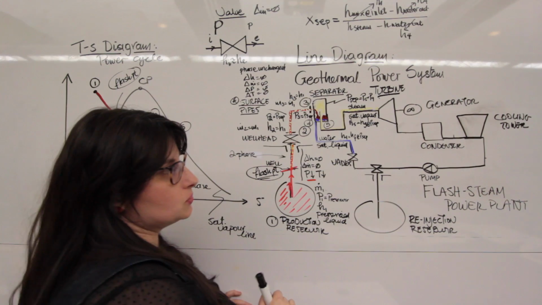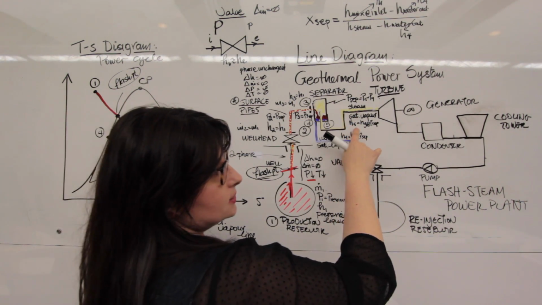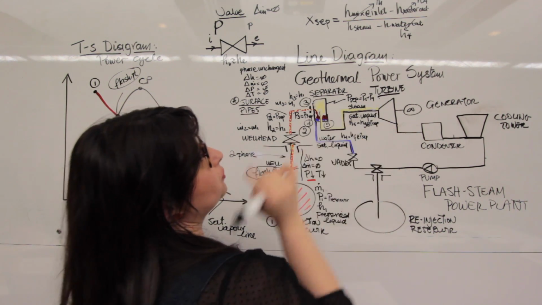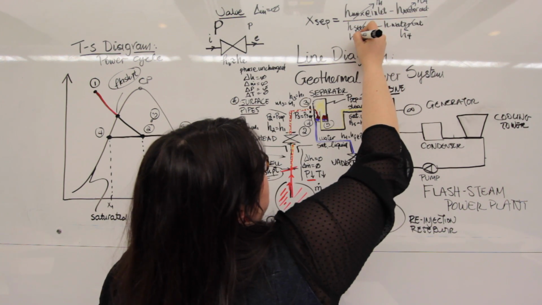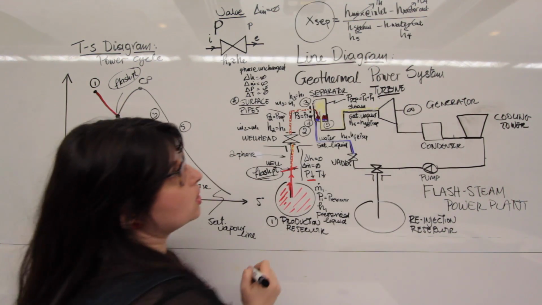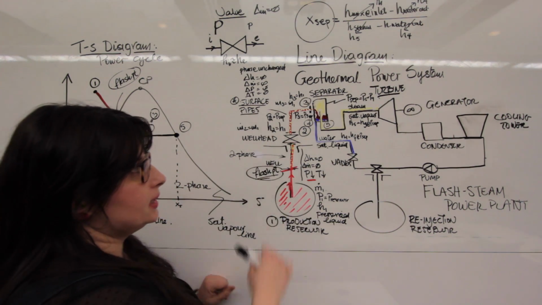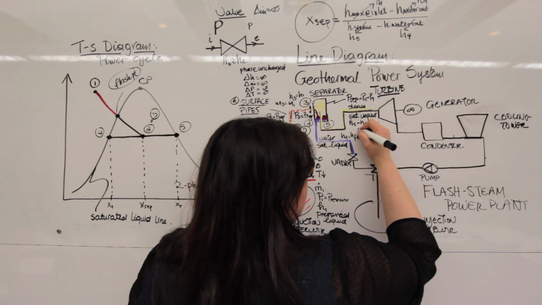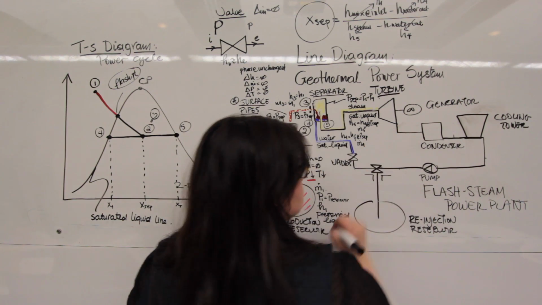What about this one, H steam? Do I know it? Yes, I do. H5. Similarly, looking at the same steam tables, I will look for Hg at the separator pressure. So that's also known, or I can look it up, so that would be H5. Perfect, which means that this is now a known quantity. So what do I need to calculate? I know that my m dot 3 is equal to m dot 1. I'm looking for m dot 5 and m dot 4.